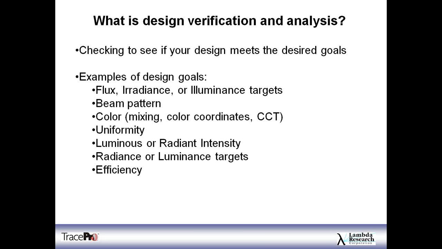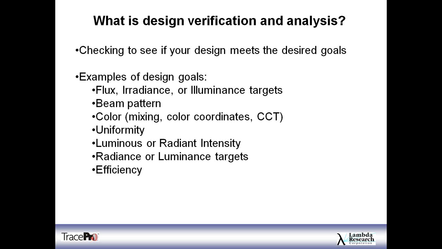It could be a beam pattern, a specific angular distribution that you're looking for. It could be color, if you're doing color mixing with multicolor LEDs, or if you're looking for specific color coordinates or CCT, correlated color temperature. Could also be looking for uniformity, how even is the light across your surface.